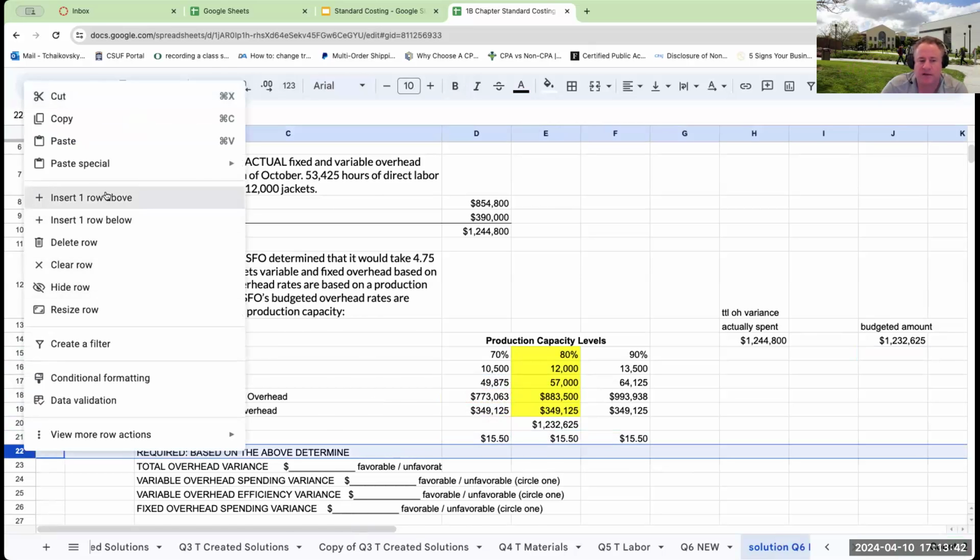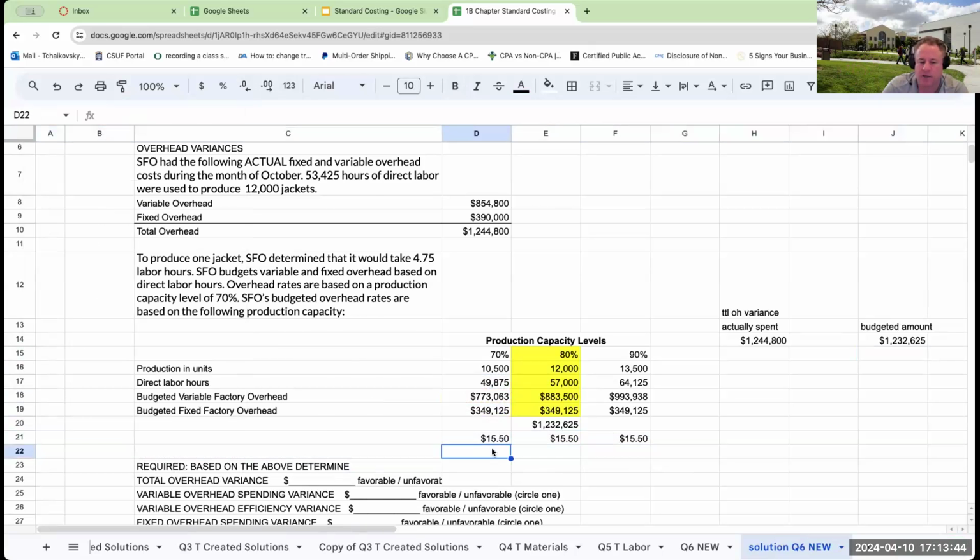Well, this 15.50 is simply the budgeted variable factory overhead divided by my direct labor hours. You don't have to do this if you're taking my class, but this is going to be 773,063 divided by 49,875. This is going to be 883,500 divided by 57,000.